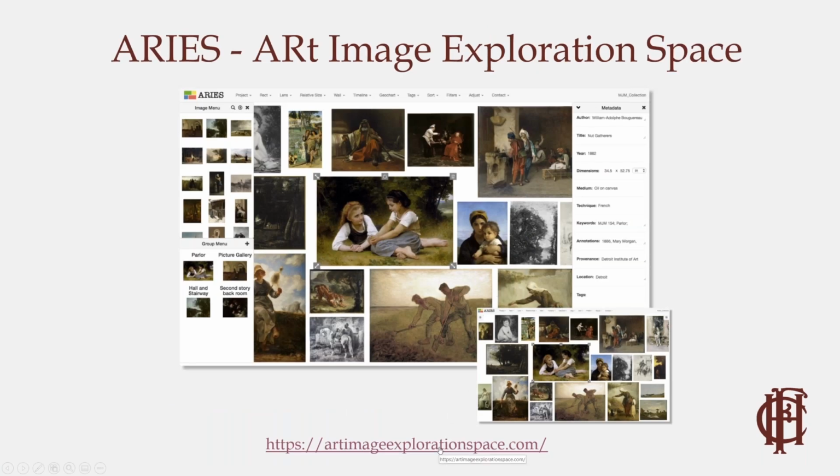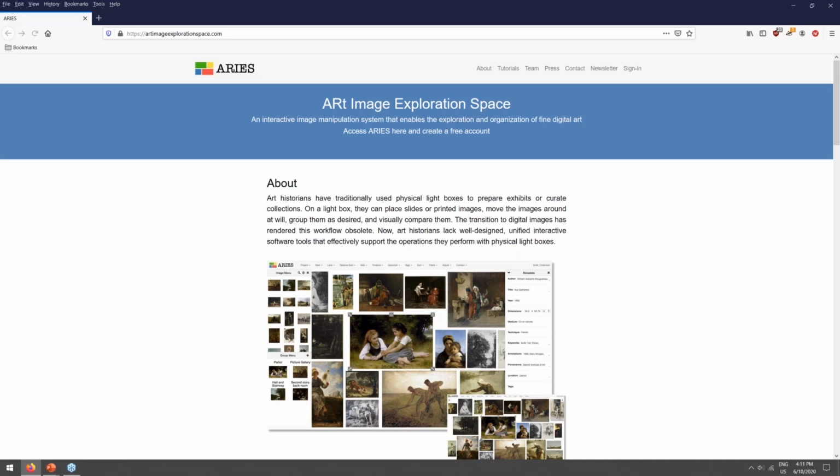But before we jump into another platform, I also want to briefly, we won't describe this too in depth, but I do want to highlight the ARIES platform. ARIES is an incredibly useful platform developed by a joint partnership between the Frick Collection and colleagues at New York University. ARIES stands for Art Image Exploration Space, which is an interactive image manipulation system that enables the exploration and organization of fine digital art.